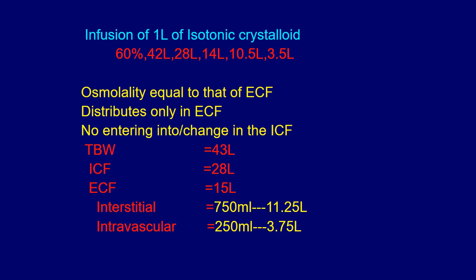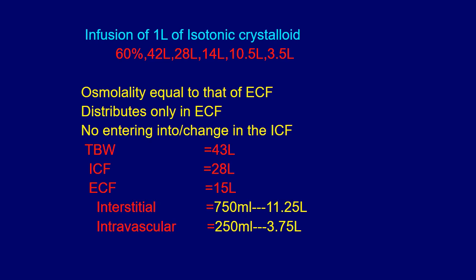Therefore 28 liters are in the intracellular compartment and 14 liters are in the extracellular compartment. Out of that 14 liters also, 10.5 liters are in the interstitial compartment and 3.5 liters are in the intravascular compartment. Now when you see different books, different references, you might see slightly different values, but that's okay. Just get the big picture into your head. We have a higher percentage of water in the intracellular compartment and a lesser percentage in the extracellular compartment.